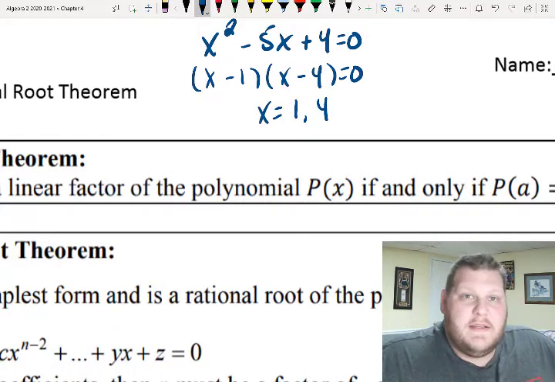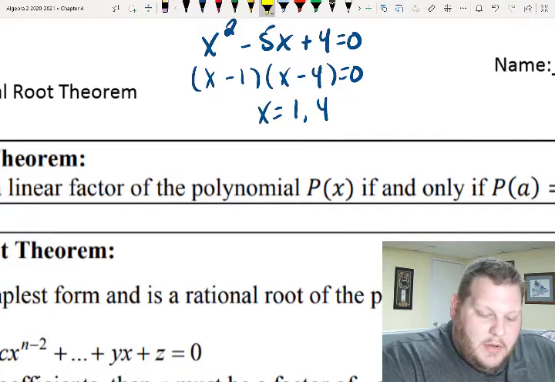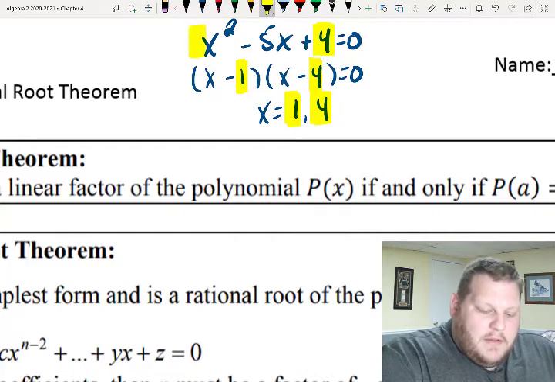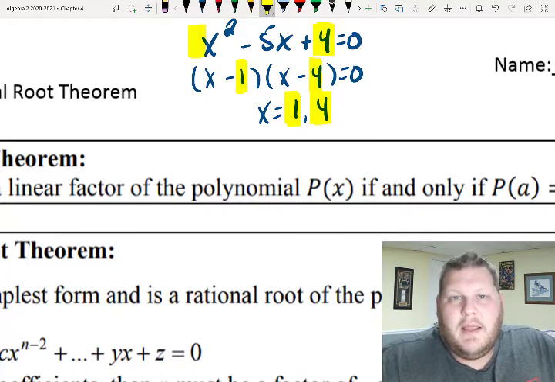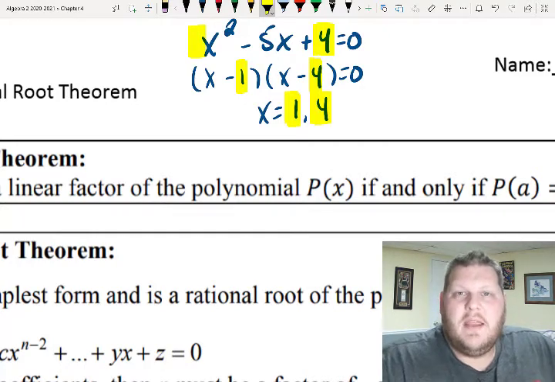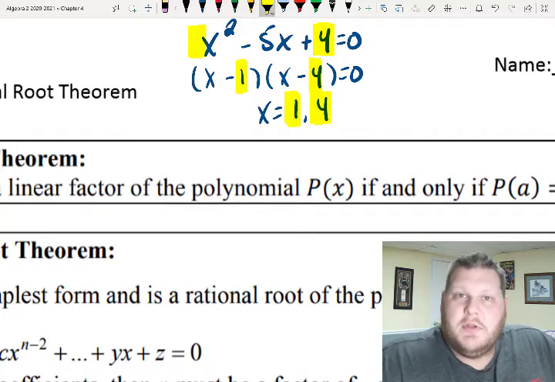And they looked at all of these different things that factored, and found this pattern where the solutions that we had, which is to say the factors that we had, were all factors of both my lead coefficient and my constant. Those two things, those end caps, the first term and the last term, are what determine the different possibilities for real roots.